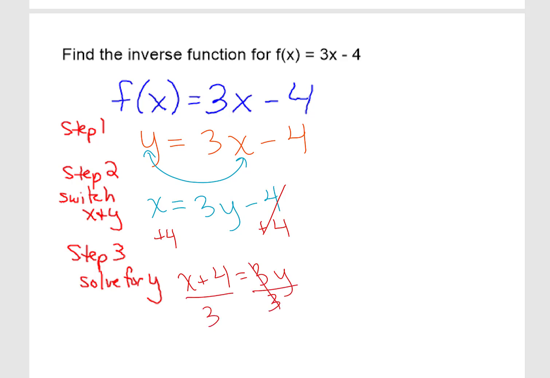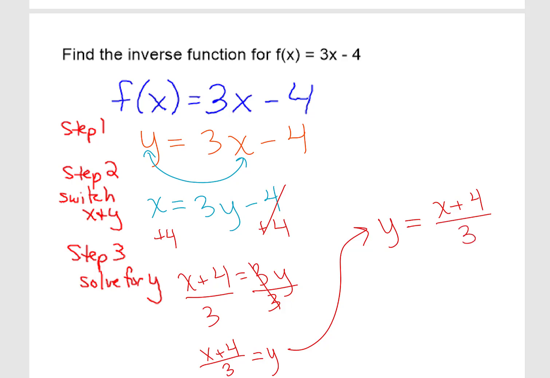Divide both sides by 3. I get x plus 4 over 3 equals y. I'm actually going to flip that so that I have the y on the left side. Since I flipped everything, nothing changes, right? And now my last step, step 4, is to replace y with the inverse of f of x. And this is my inverse function.